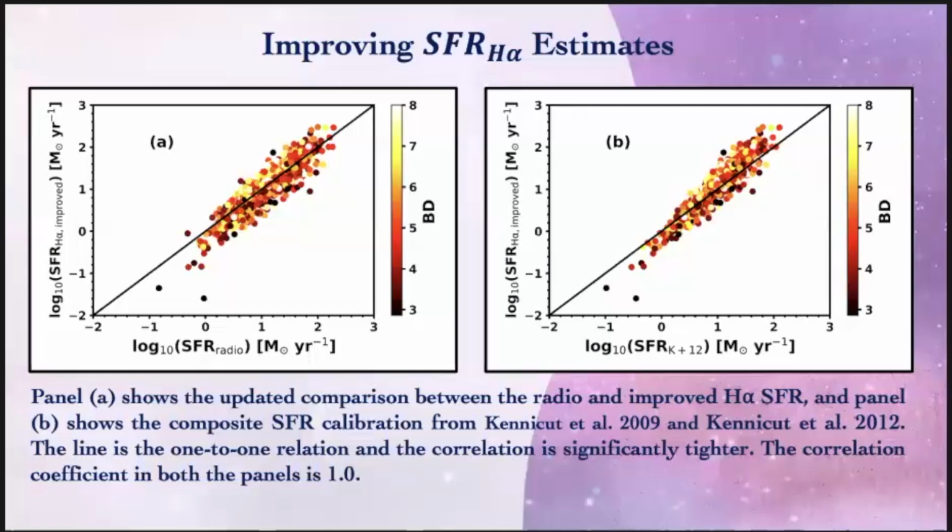In panel B, we compare our improved version with the composite star formation rate calibration from Kennicutt et al. 2009 and 2012. The correlation is significantly tighter compared to the previous star formation rate comparison that we have shown.